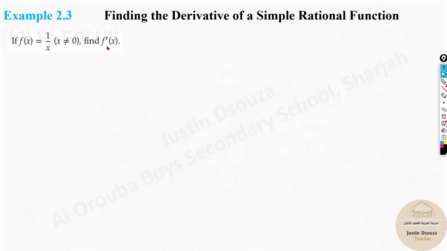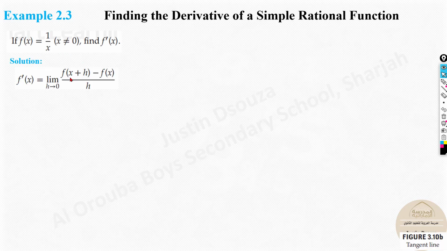Now they have told us over here, find f dash of x for this 1 by x. We have to just use the formula, but instead of a value, we put x and solve it. So we will have to substitute x plus h instead of x over here. So let me do this.